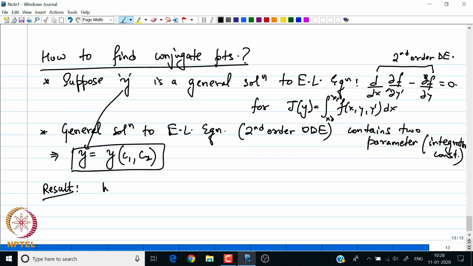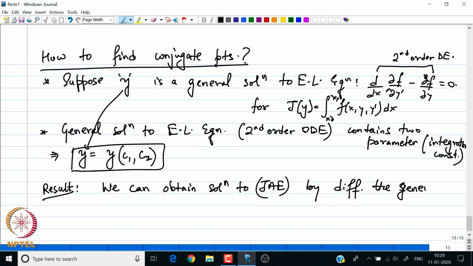We can obtain a solution to the Jacobi accessory equation by differentiating the general solution of the Euler-Lagrange equation with respect to my constants C1 and C2.